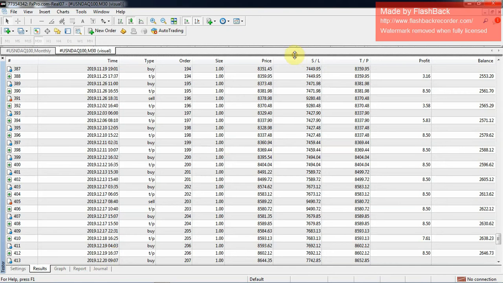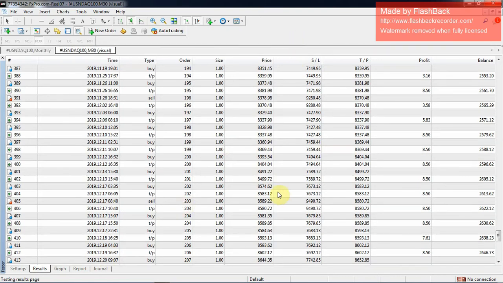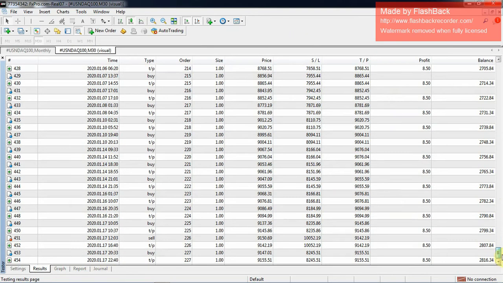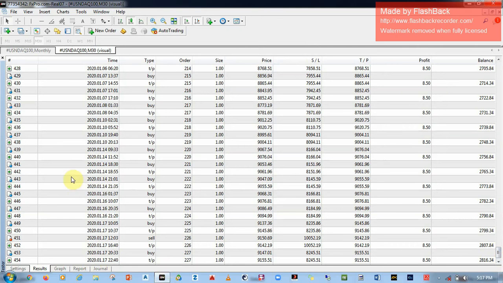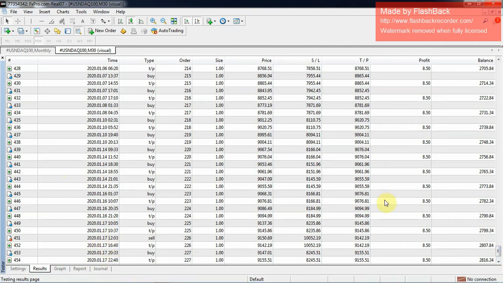Guys, this robot and this model simulates the banks. The banks have got unlimited capital, but we don't have unlimited capital.